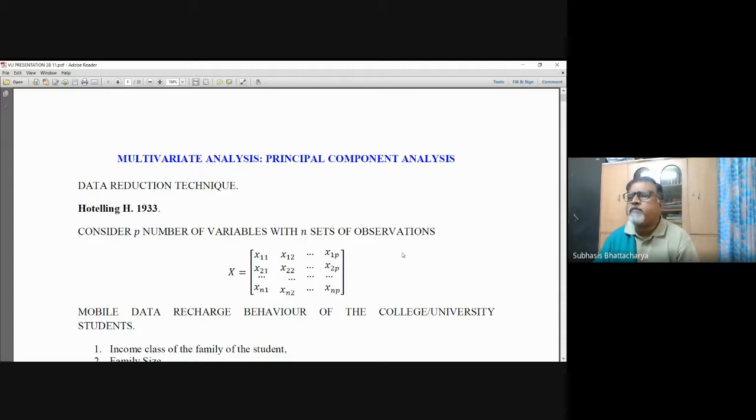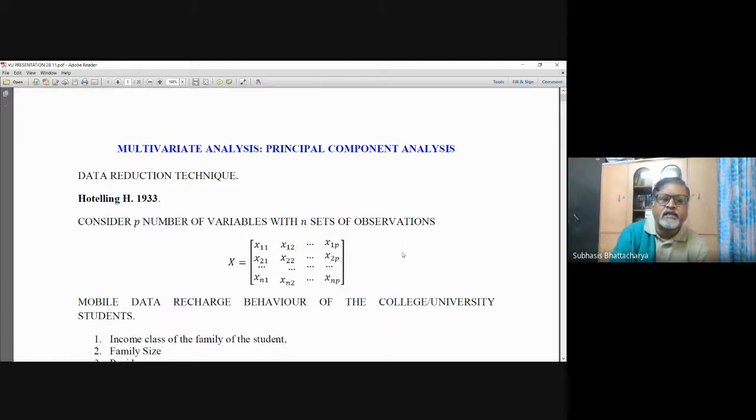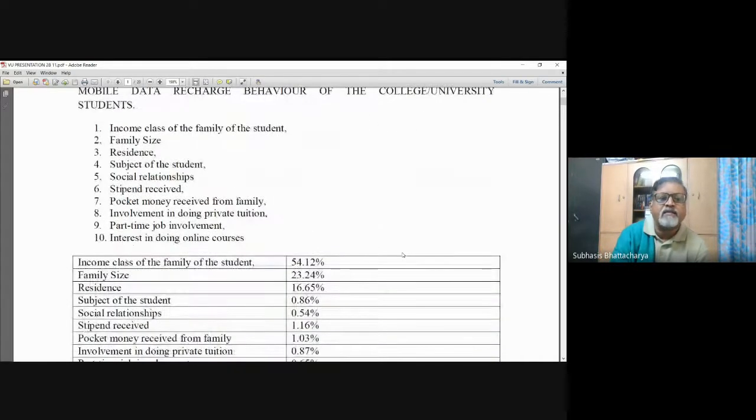Several variables can be clubbed over such facts, and I identify some of them like this. These are 10 variables. First one is the income class of the family of the students, that means whether the students belong to rich, middle income or poor families.